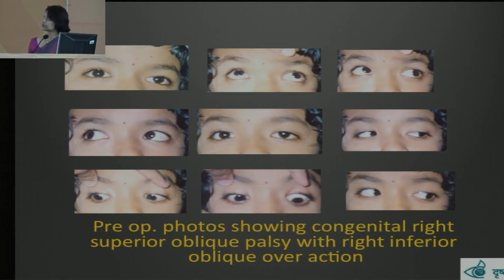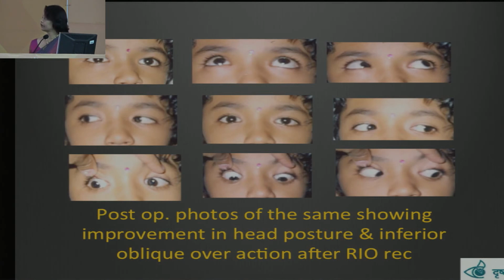Now this is a case of congenital fourth nerve palsy showing a gross facial asymmetry with a right hypertropia and an overaction of the right inferior oblique, and here just one muscle surgery, that is inferior oblique recession, corrected her hypertropia and head posture, though the facial asymmetry remains.